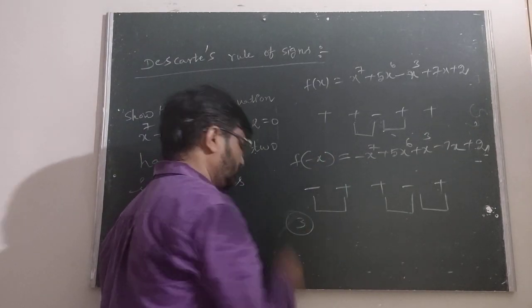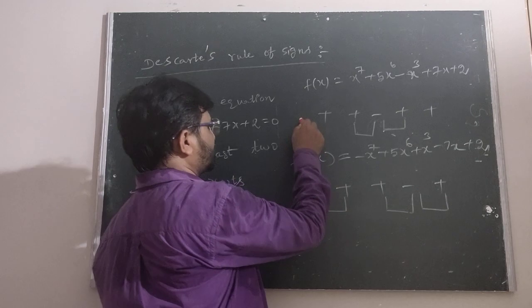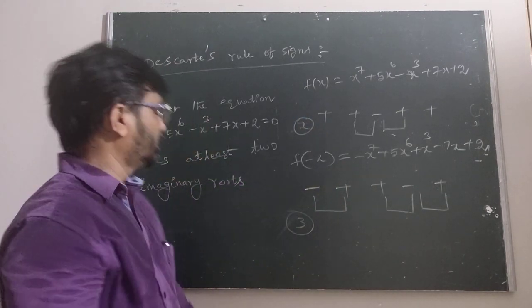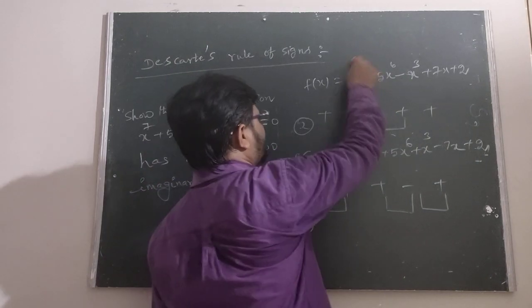In this case 3, in the other case 2. That means total roots are 7.